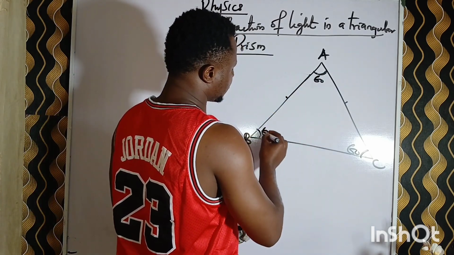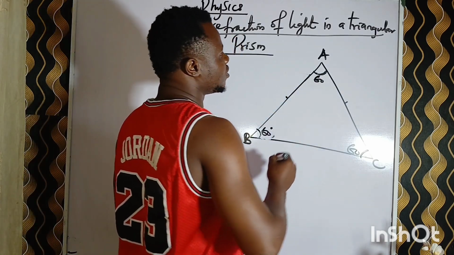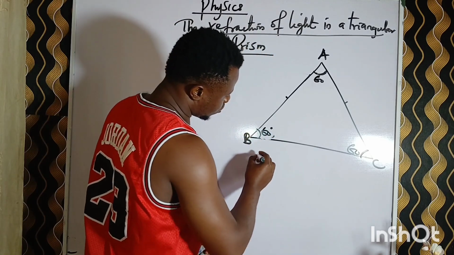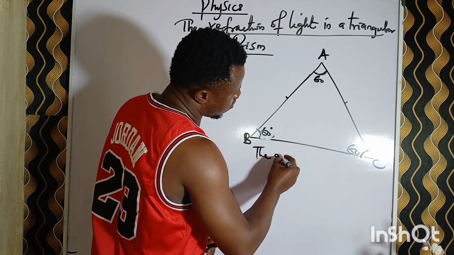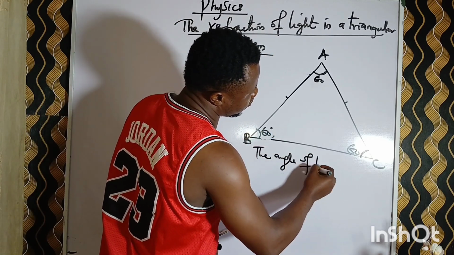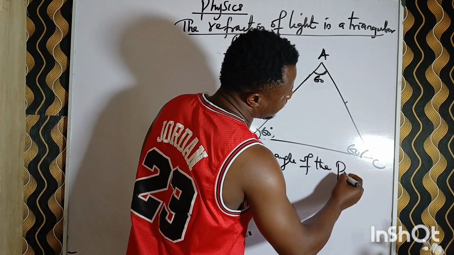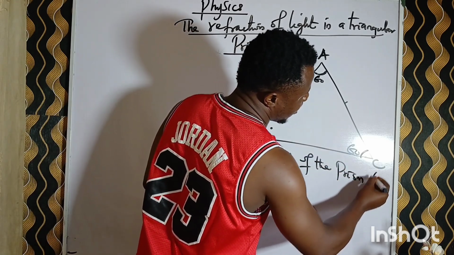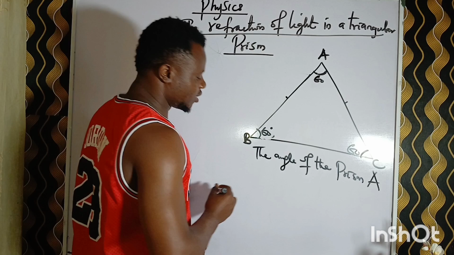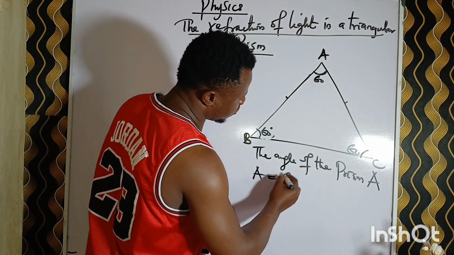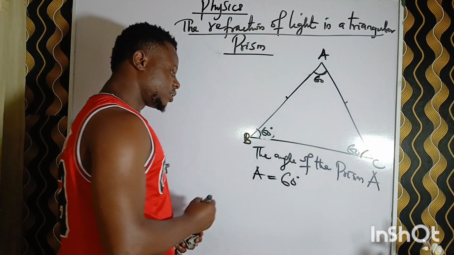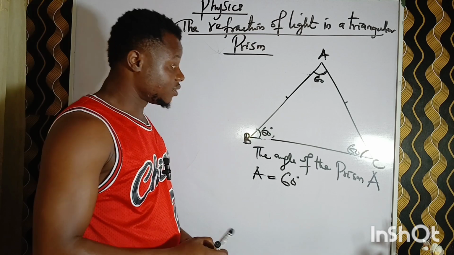The angle of the prism, we use A to represent it. A is equal to 60 degrees. Always have it in your mind.